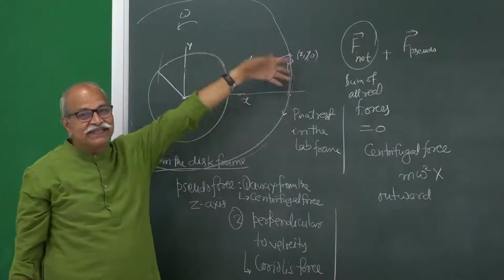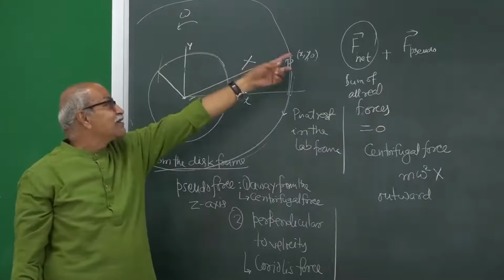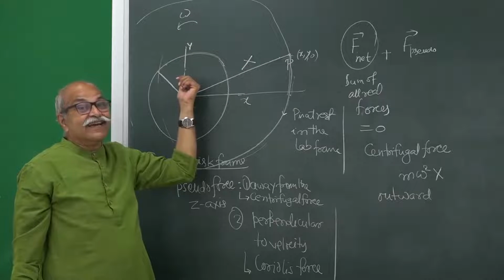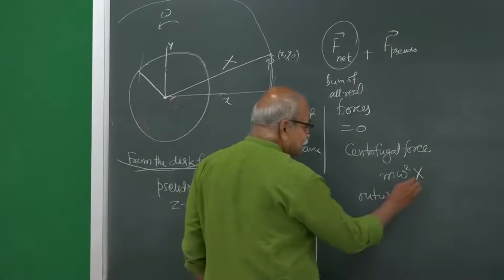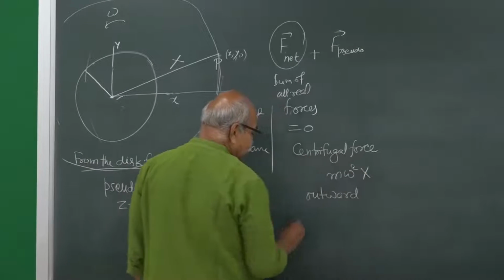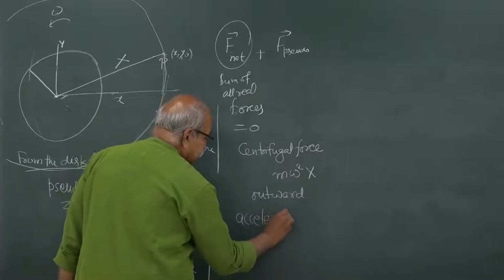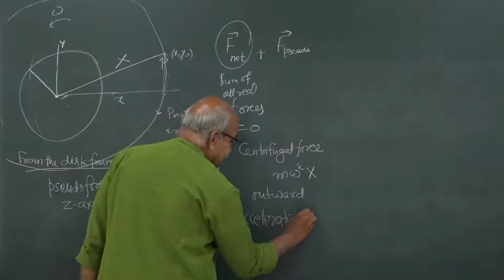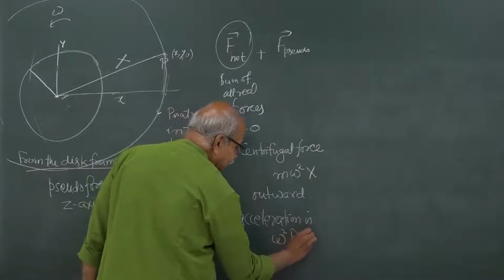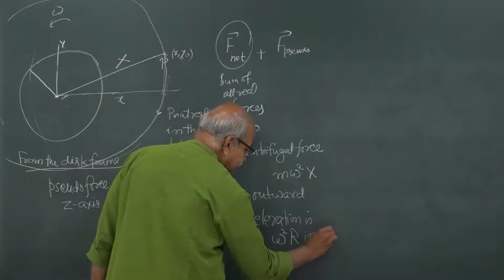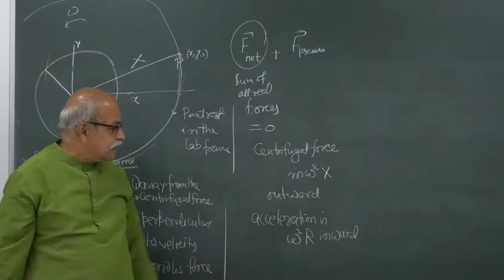So, the angular velocities of the disk in the lab and of the particle in the disk are going to be equal. Okay. So, the centrifugal force is this much outward, but the acceleration is omega square x inward. In terms of speed it will be omega square x.